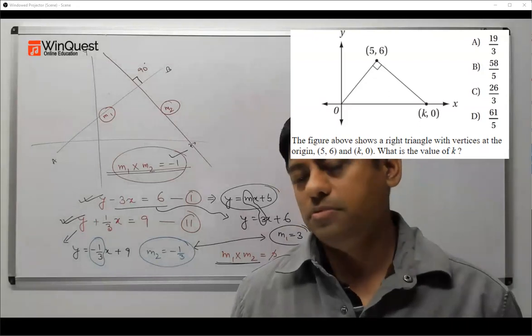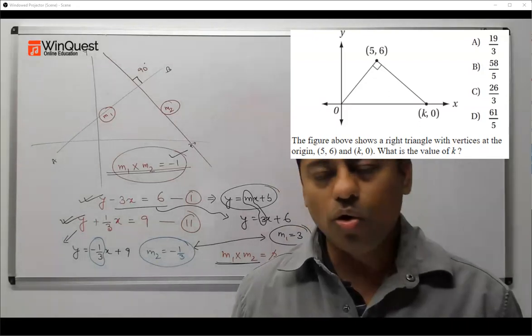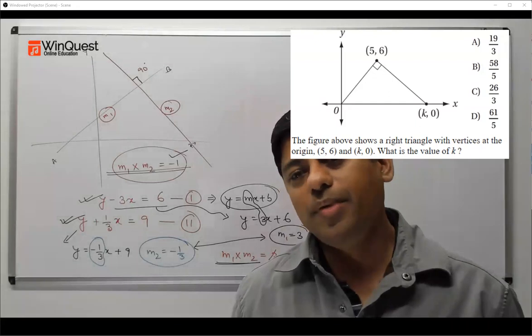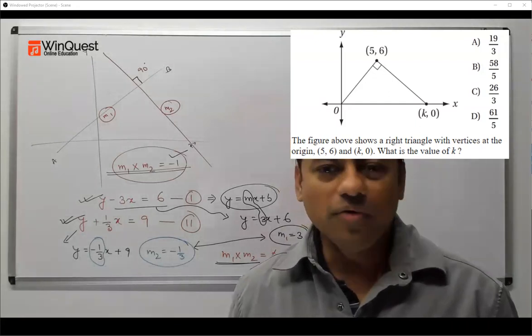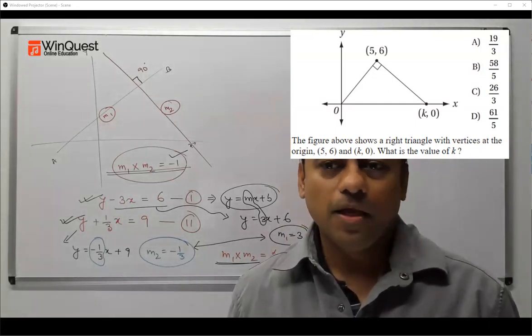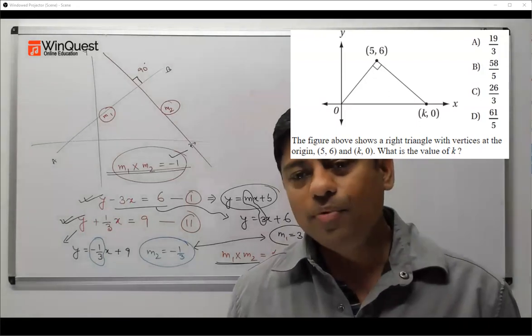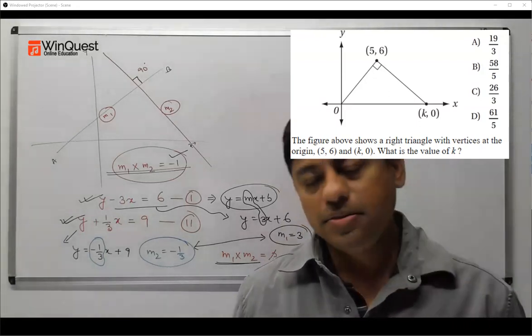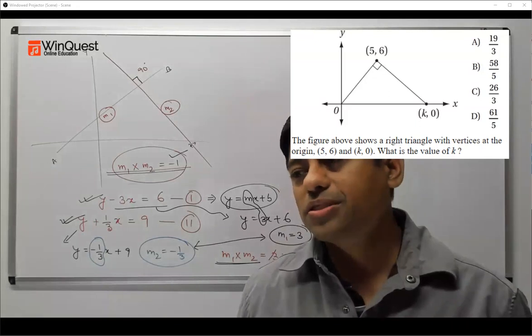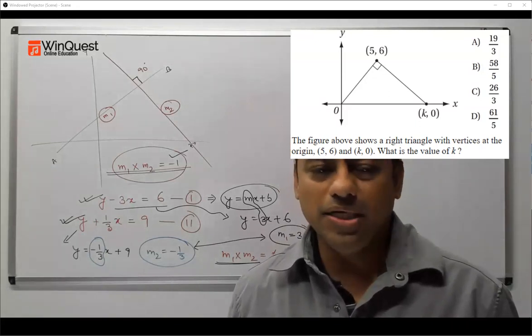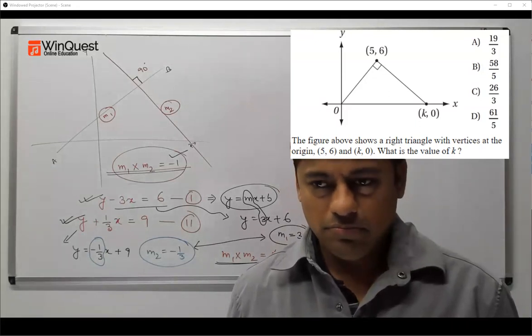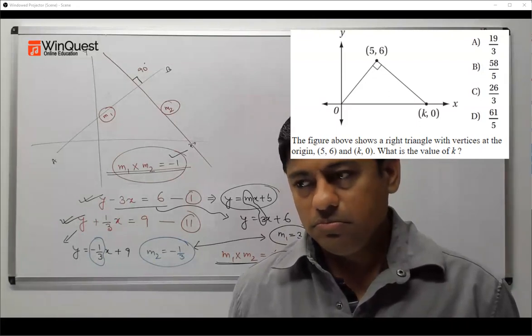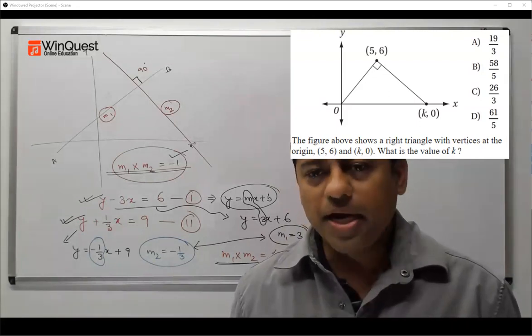There is no difference. So, in linear coordinate geometry, one of the key things is that for some problems you have to go back and use your concept of plane geometry. 30, 60, 90 triangles.